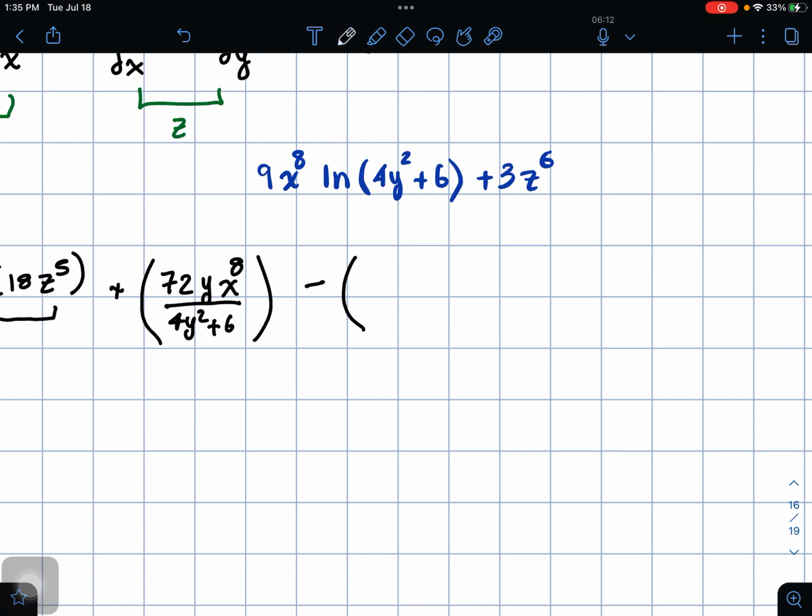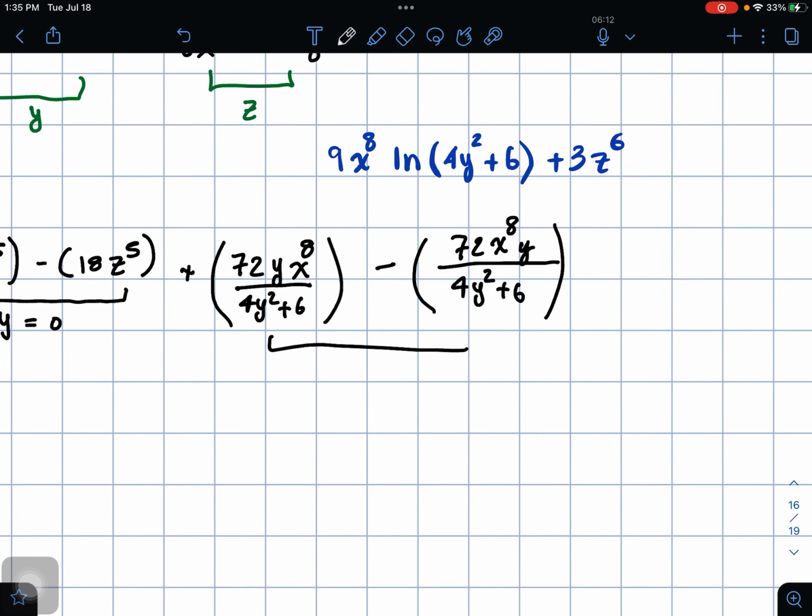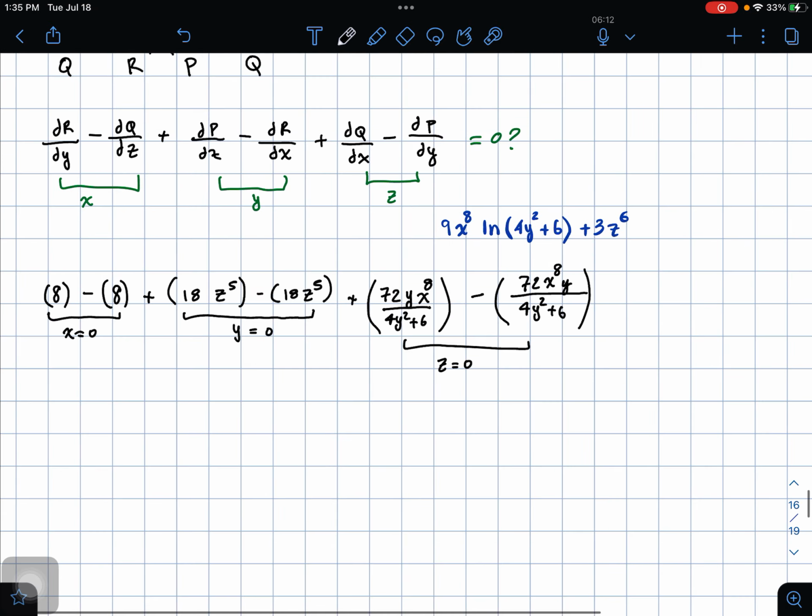So you have, again, the denominator, y squared plus 6, and then if you take the derivative of this with respect to y, it will be 8y. We have this 8 and this 9, so that becomes 72, and it's x to the 8, and then we just have a y, right? And again, this turns to 0. So in reality, everything is 0.